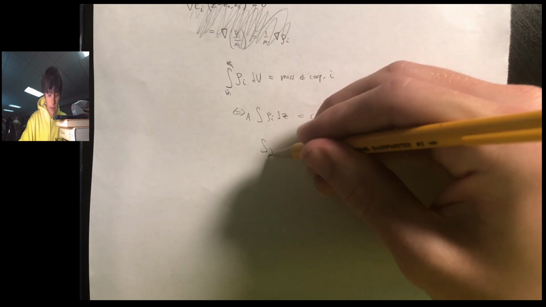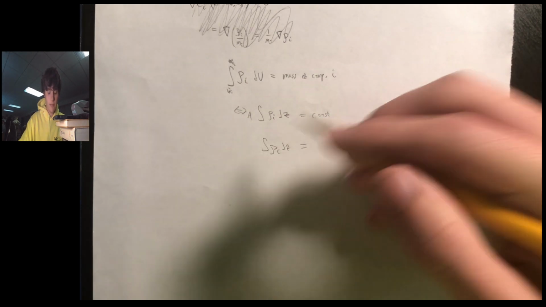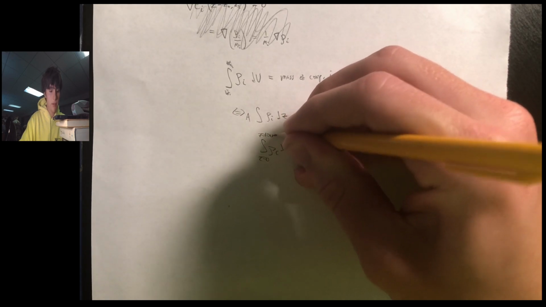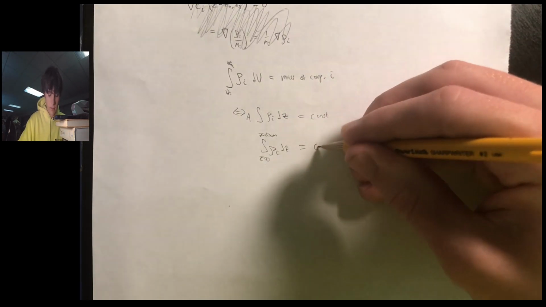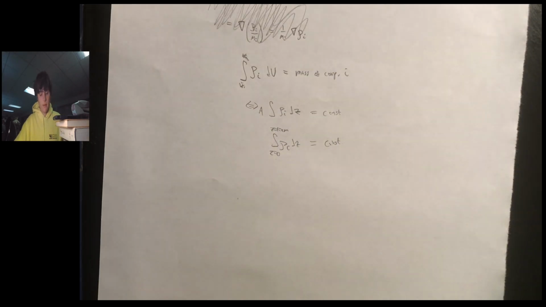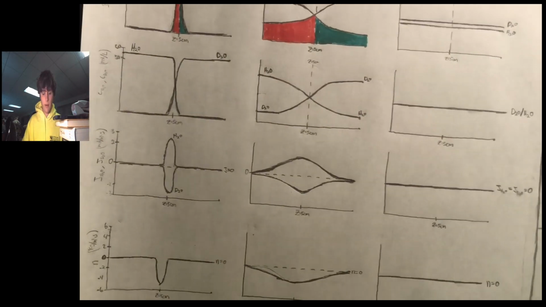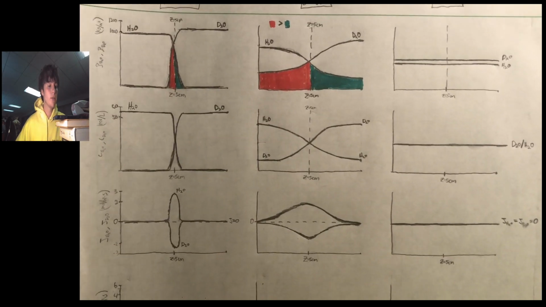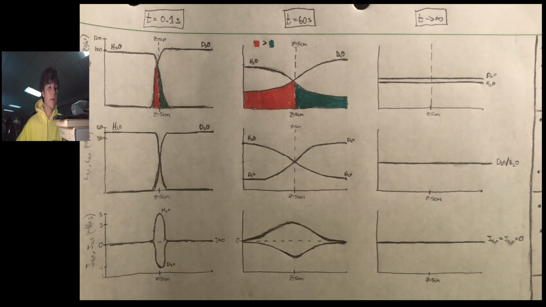So the integral of the mass concentration from z equals 0 to z equals 10 centimeters is equal to a constant. I'm going to be talking about areas under the curve quite a bit, so I just wanted to have that quick discussion so you know what I'm talking about.